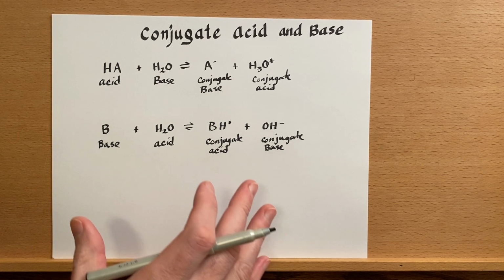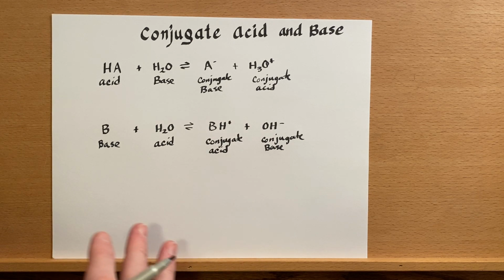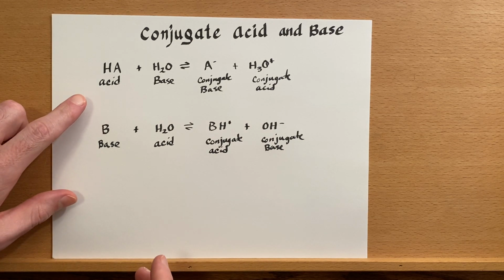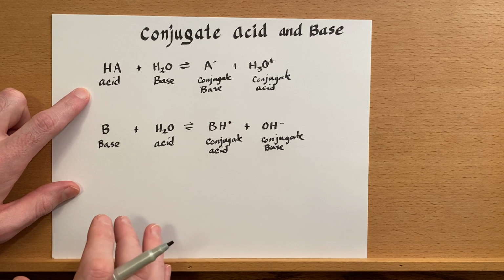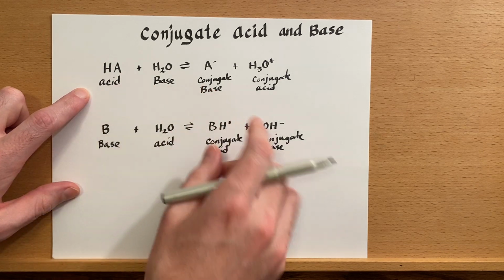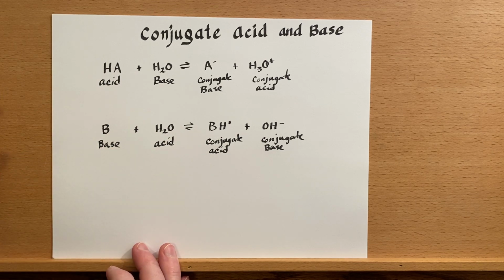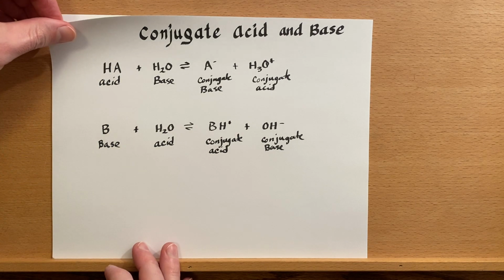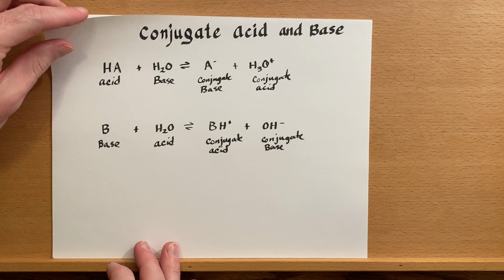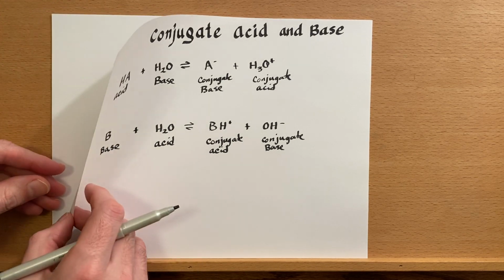So there's some examples, just generic reactions that can show you the relationship between an acid and a conjugate base, or a base and its conjugate acid. But let's have some actual chemical reactions to help explain this.